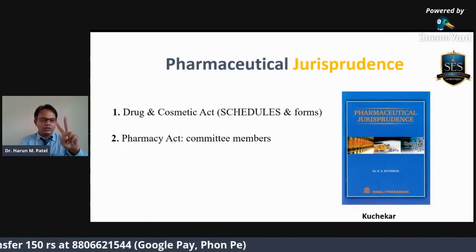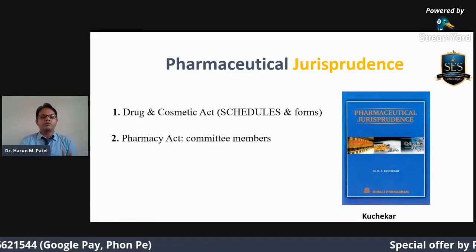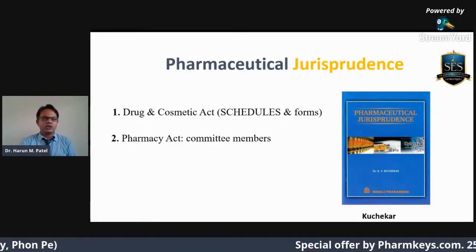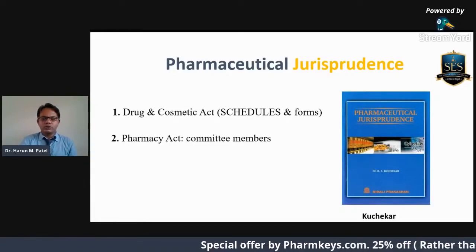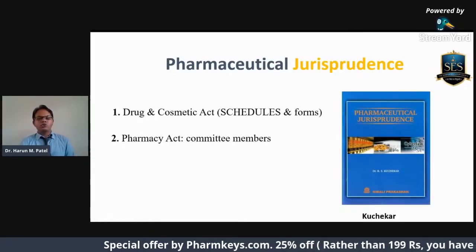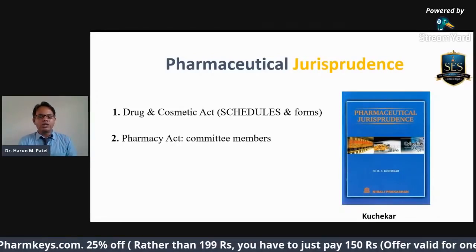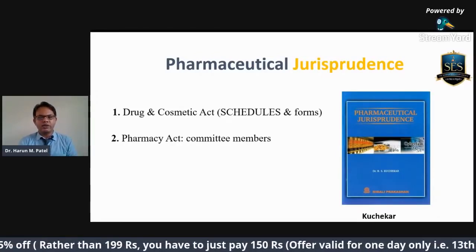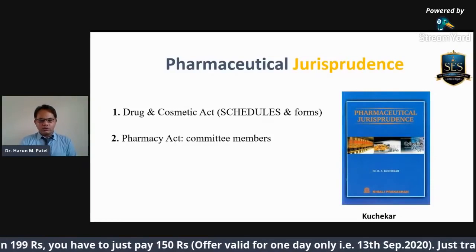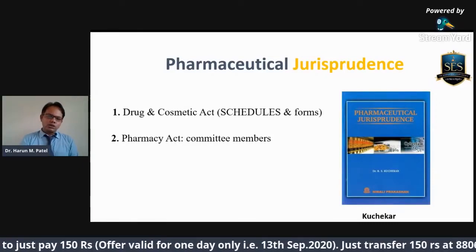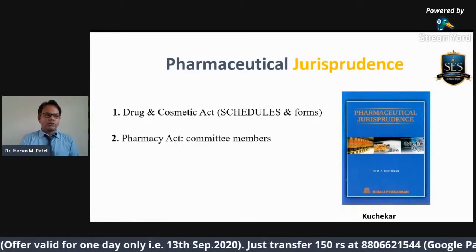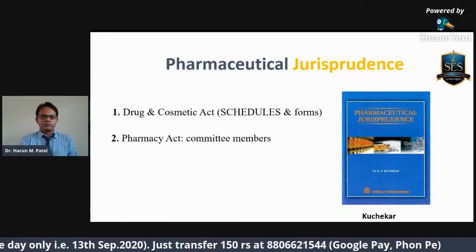And if two questions are there, one question will surely be from schedules. So this is my suggestion for pharmaceutical jurisprudence. The Kuchekar book which I have mentioned is not mandatory. You can read PJ from any book which you normally refer to for your academics. I can't compel you to use Kuchekar.